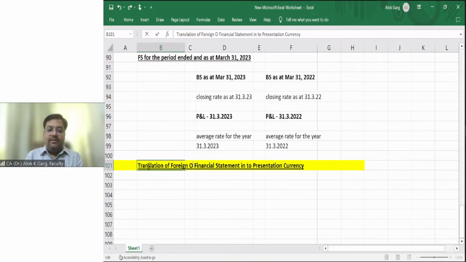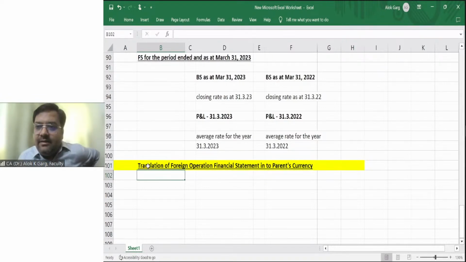And the translation rule is exactly copy paste: foreign operation financial statement into parent's currency, into parent's currency, right?